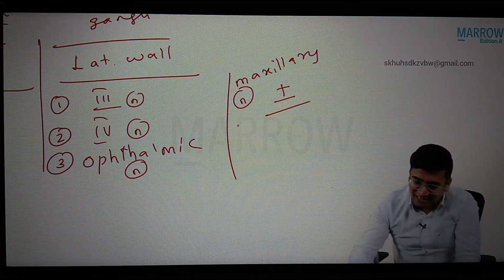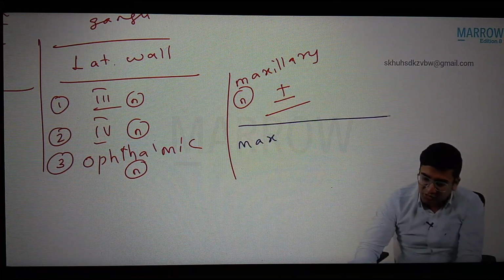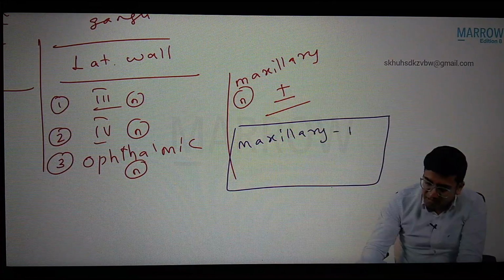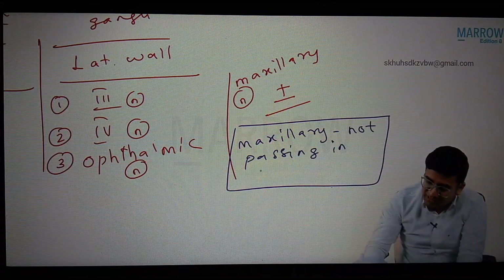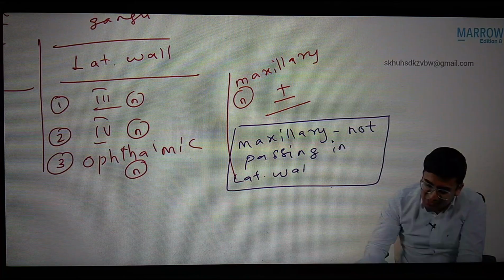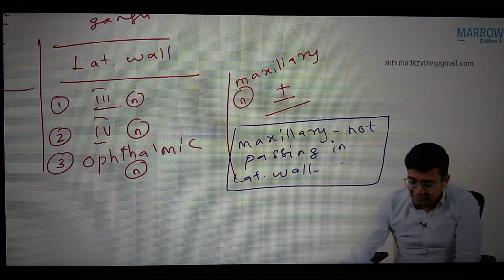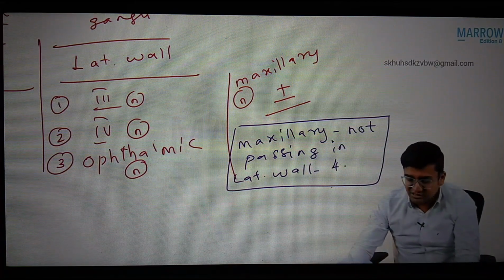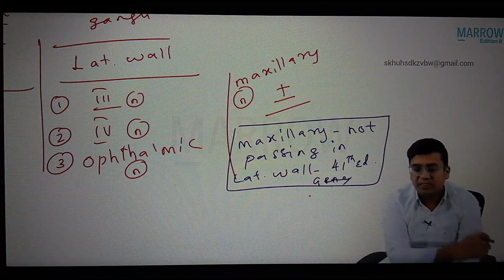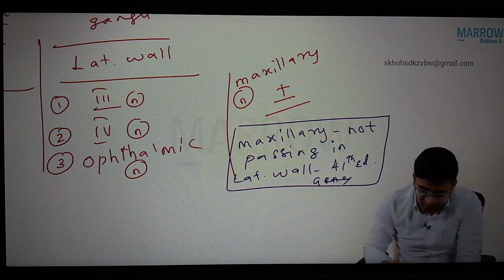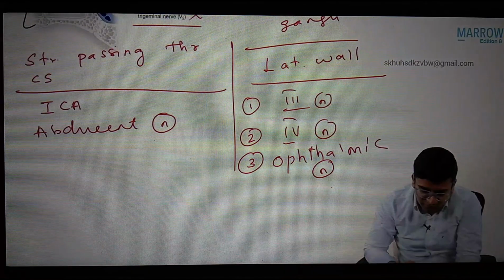Okay. So maxillary nerve, put one box. It is not passing in the lateral wall of the cavernous sinus. From 2016, the 41st edition of Grays was saying the same thing. Okay. Right. These are the structures in the lateral wall.